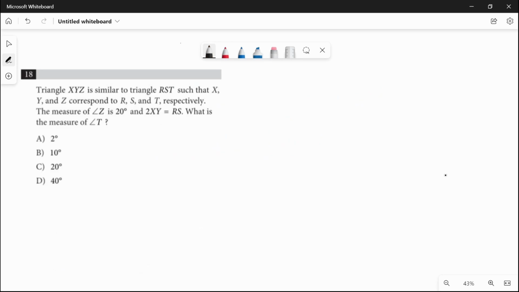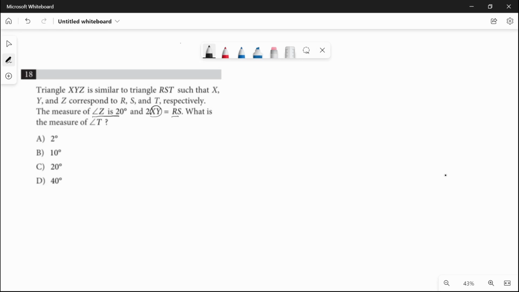Question number 18. The triangle XYZ is similar to the triangle RST, and X, Y, Z correspond to R, S, and T respectively. The measure of angle Z is equal to 20 degrees, and 2XY, which is the side XY, is equal to RS, which is the side RS in the second triangle.